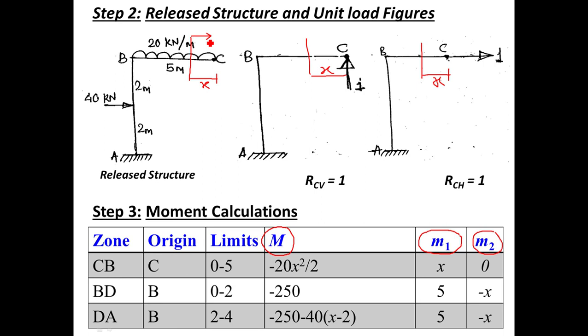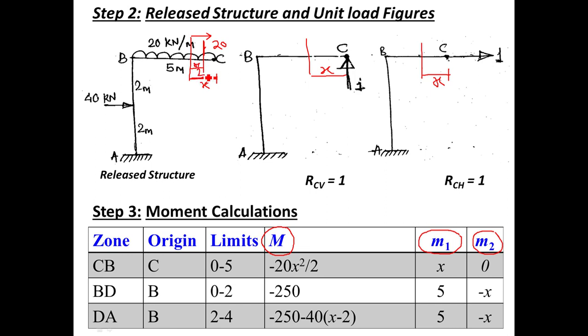If you observe the right portion of this section in the release structure, there is a UDL. UDL intensity is 20. So 20 into x, the span of UDL is x. So 20x is the magnitude of force which is acting at the center of span, so the center means x by 2 distance.